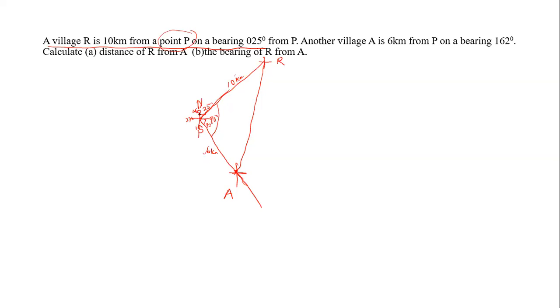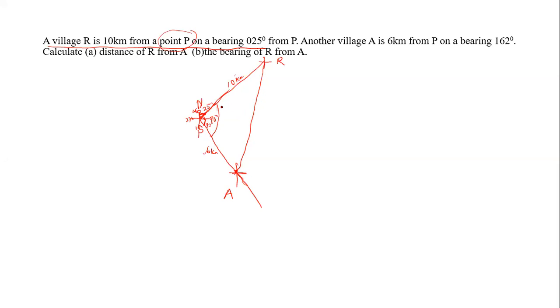Like the example I used yesterday, or the analogy I used. Somebody is traveling from the north to this place, and he traveled 25 degrees or whatsoever. Another person is traveling from the north to this place, and that is 162. So if another person wants to travel from here to this place, it means it's going to take away that 25 from 162.